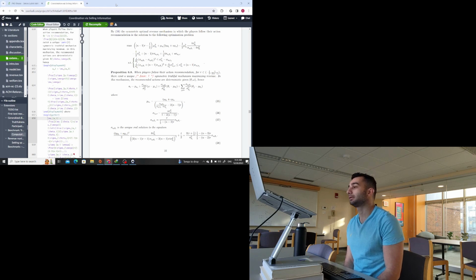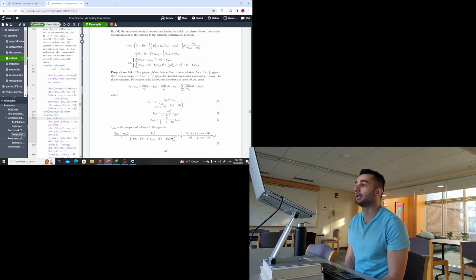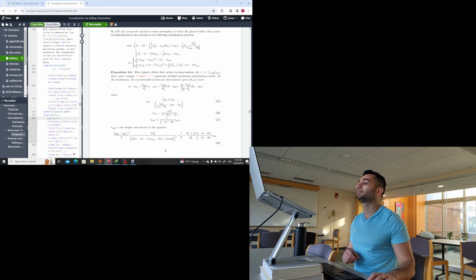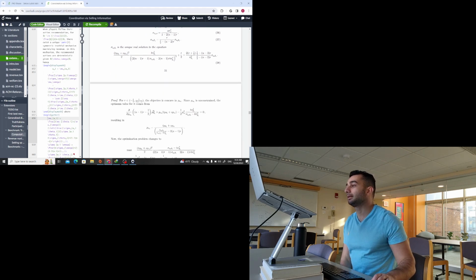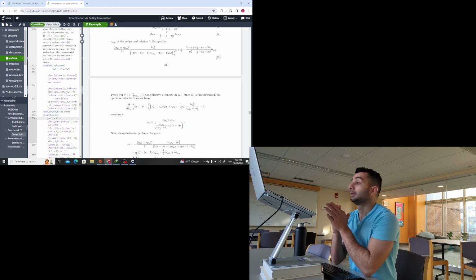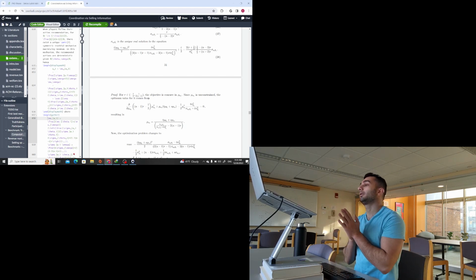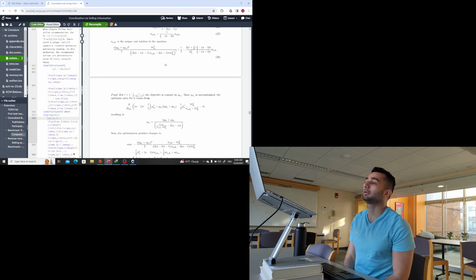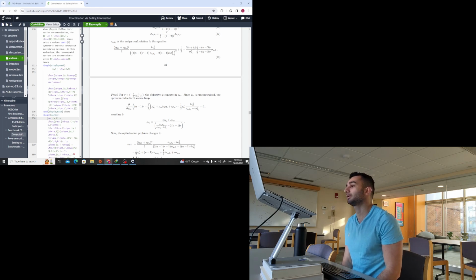Sigma AI do the equation. So that's it. We went through the proof, and then we said for R, the objective is concave, since mu is unconstrained.